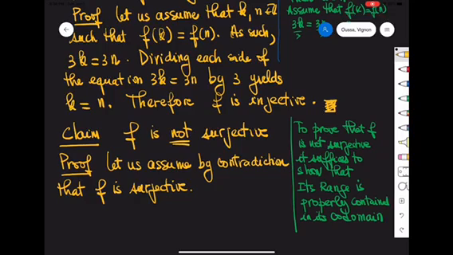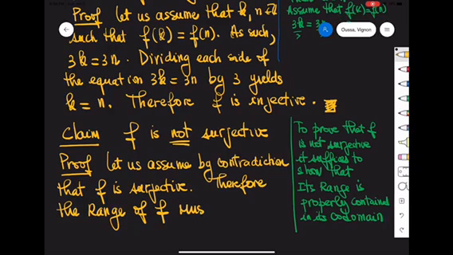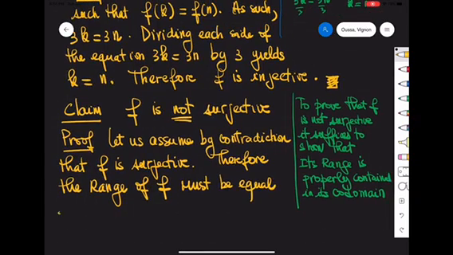In other words, therefore, the range of f must be equal to its codomain, which is the set of all integers.